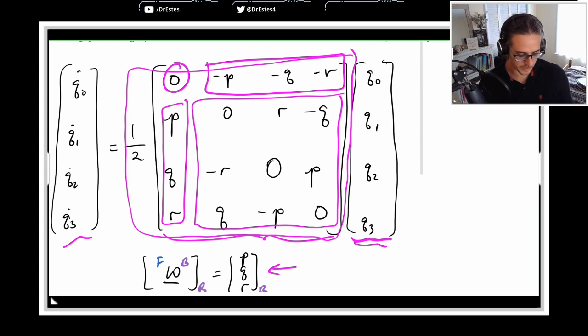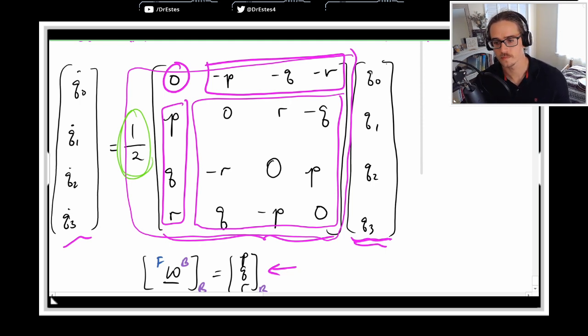Dude, what I messed up, you can't forget this 1/2 out in front. This equation works for you? Okay, cool. But I bet there's going to be a couple people who are banging their head against the wall. You got to remember that 1/2.